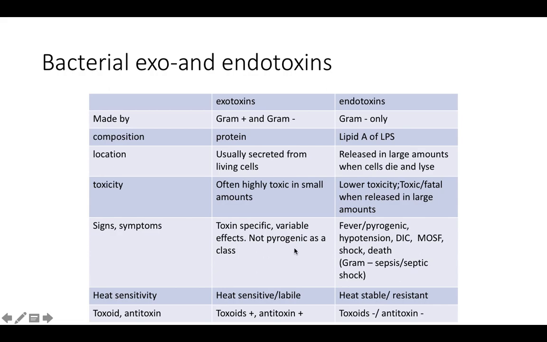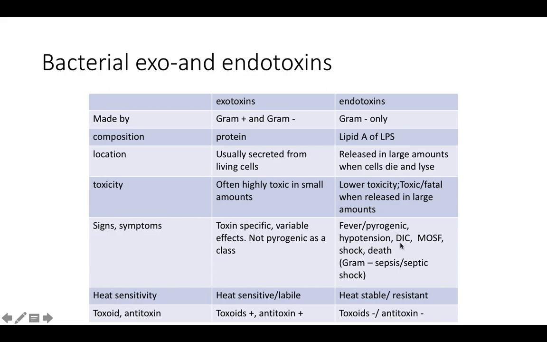As a class, they're not pyrogenic, they won't trigger fevers. The endotoxins, however, have classic signs and symptoms. They are pyrogens, they'll trigger fever. You'll remember they trigger that cytokine cascade or cytokine storm. Because our blood vessels dilate and become leaky, we have hypotension, which decreases blood flow to organs.